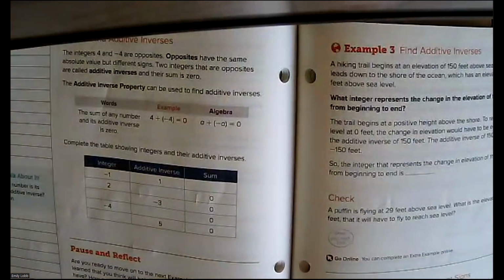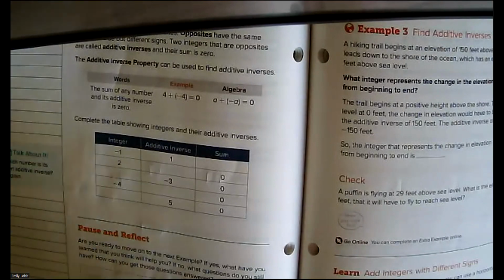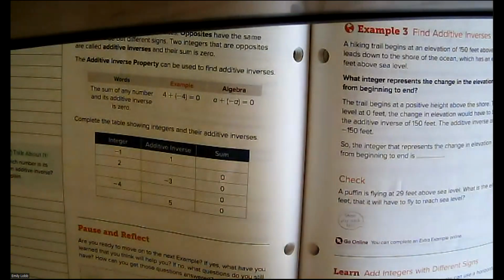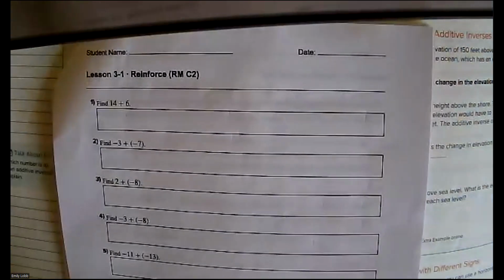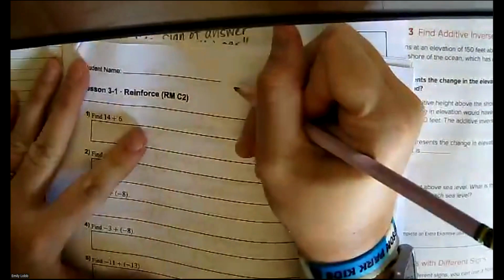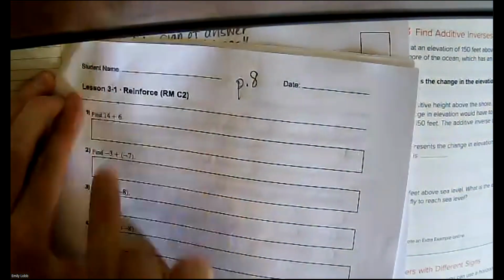All right, before we find the additive inverse, I want you to pull out your packets. I'm going to circle some of these that you should be able to do by now. This is page 8. Notice it says 3-1.